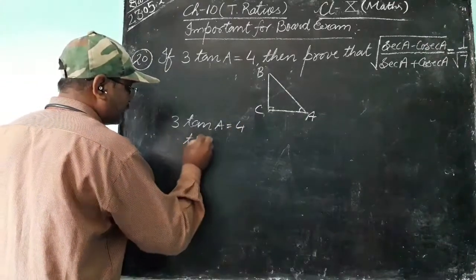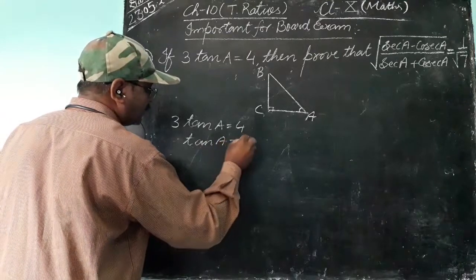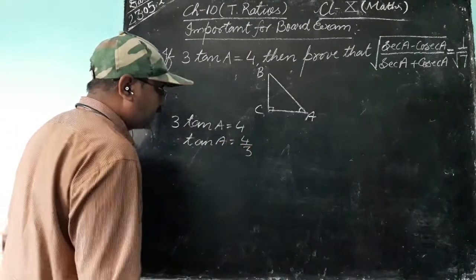Therefore, tan A is equal to 4 upon 3. Clear, students?